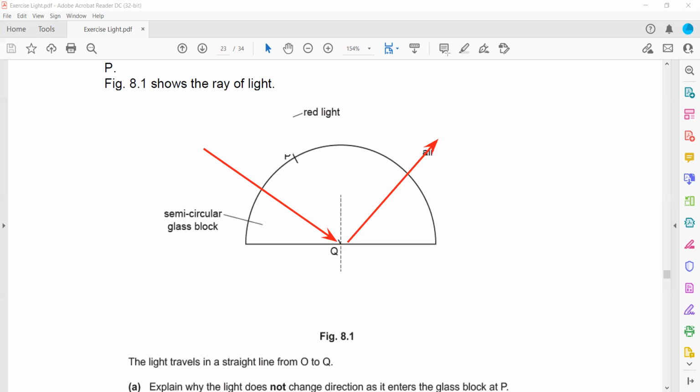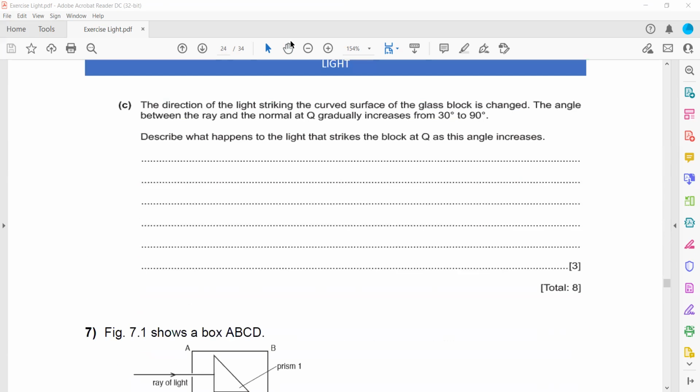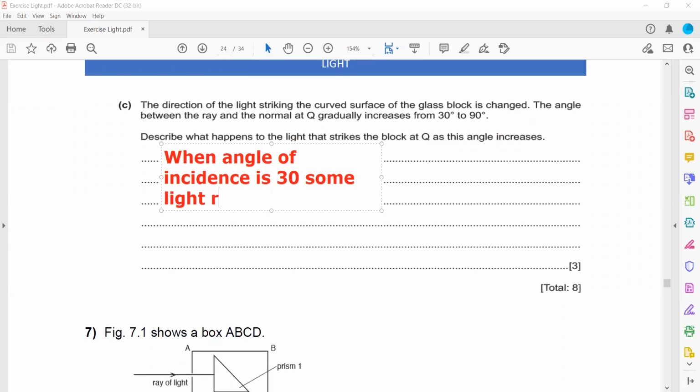So we have to use the word explanation here, that you will mention. When the angle of incidence is 30, some of the light will refract and reflect.